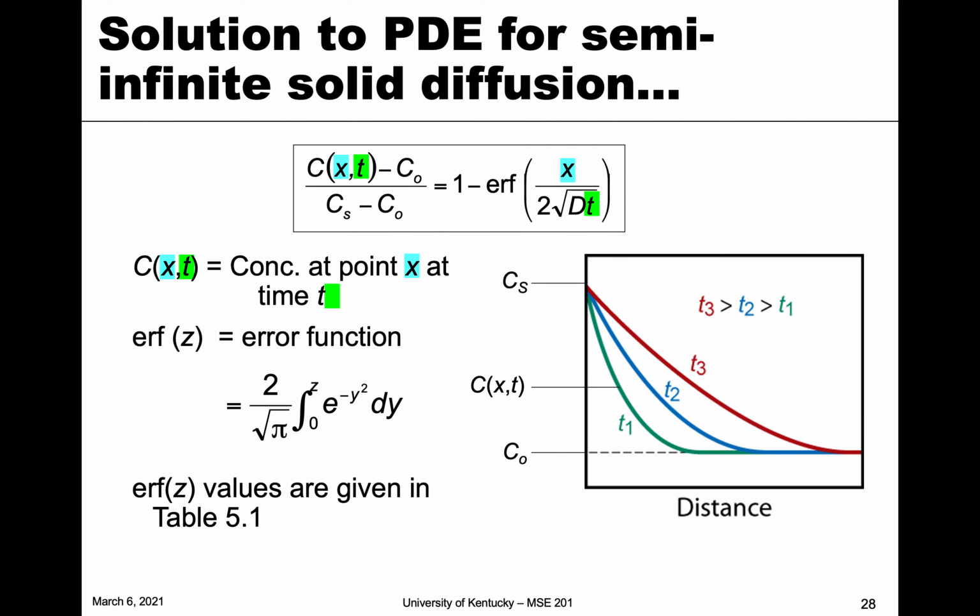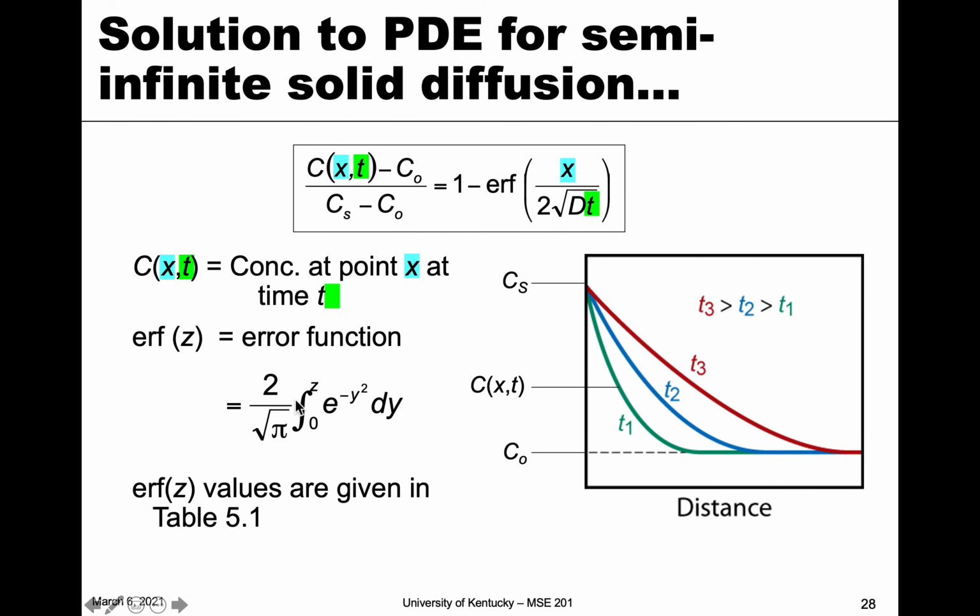And this is the solution to that PDE for what we call semi-infinite diffusion: the concentration at that position and time minus the initial concentration, over the surface concentration minus the initial concentration, is equal to 1 minus ERF. The ERF is known as the Gaussian error function, which is here.